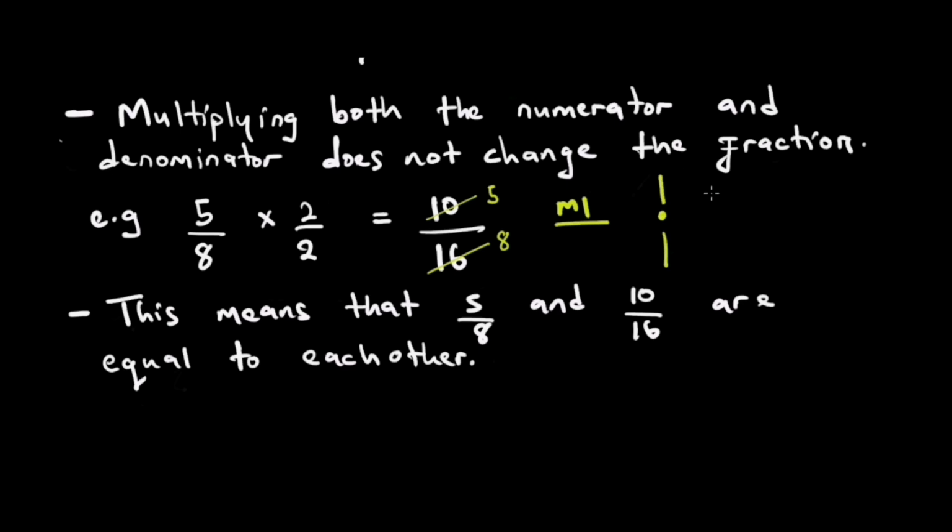Our second method of doing that, ndeyekuti kana ma numbers are equal to each other, kana tikama subtractor, anofanirwa kutipa 0. Like 2 minus 2 ndi 0, 5 minus 5 ndi 0. Saka tikada kusubtracta isusu 5/8 na 10/16, we should get 0.